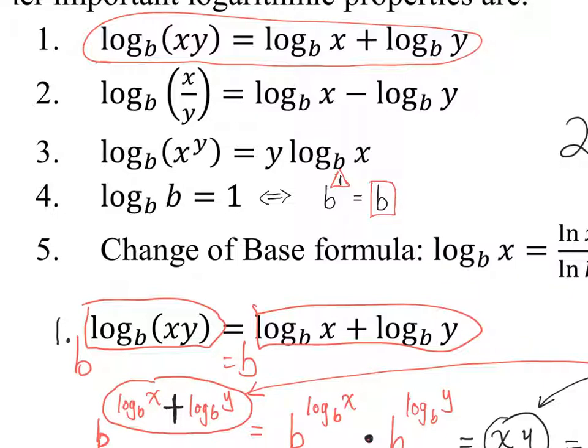To convert it into logarithmic form, you introduce a log, keep the base the same, and then swap these two. So the rectangle comes here, which contains b, and the triangle comes here, which contains 1. That's how we derive this result.